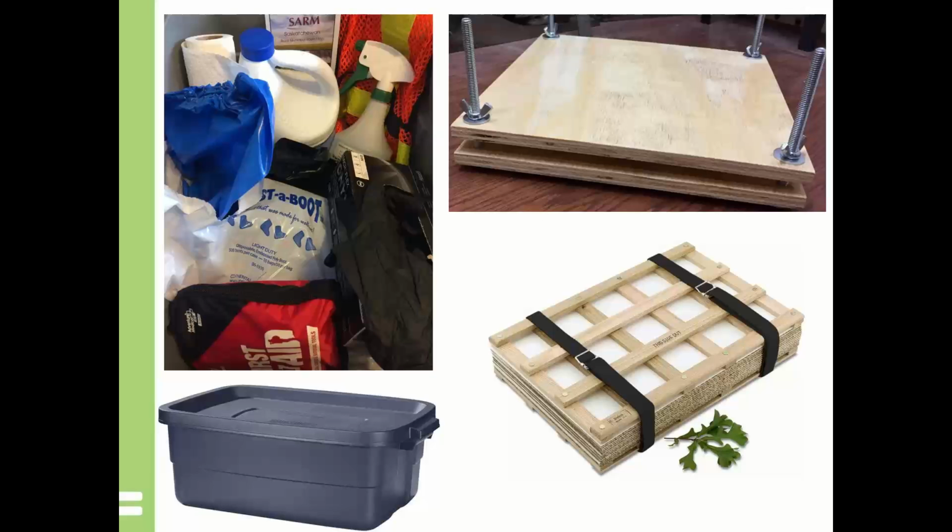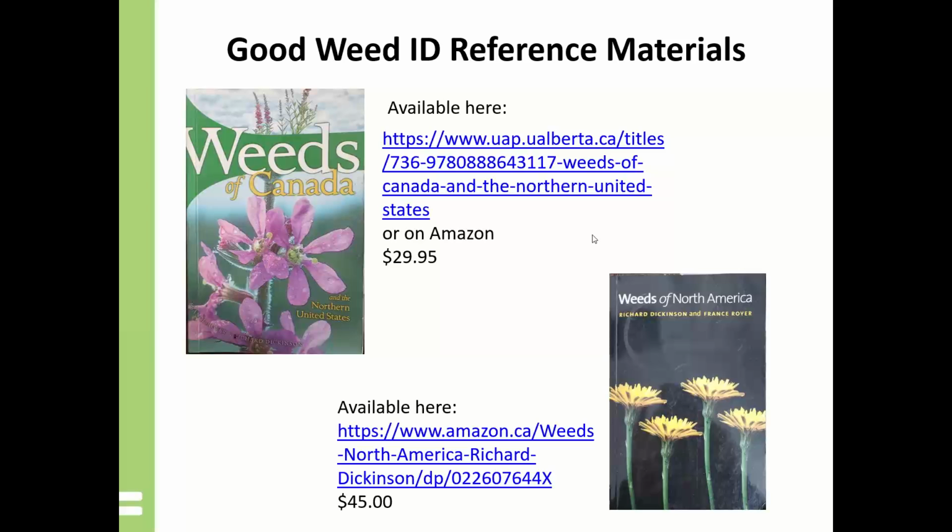By and large, that larger book, Weeds of North America, has most of the same elements as Weeds of Canada and the Northern United States. There are a couple of species that I think are missing that would be in that first book, but I don't know that that's super important.